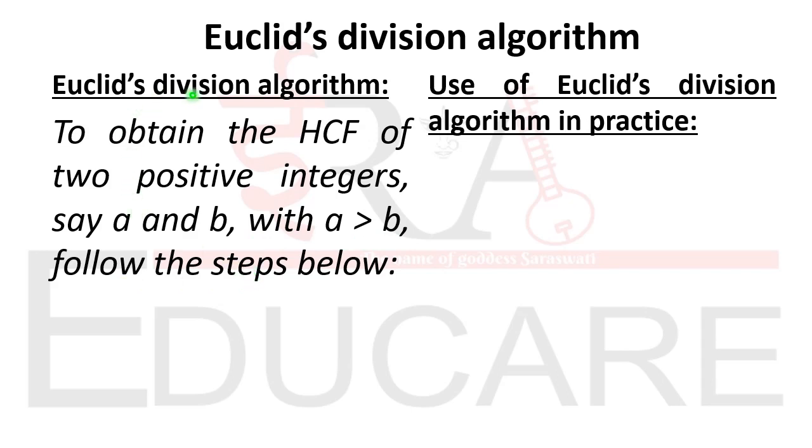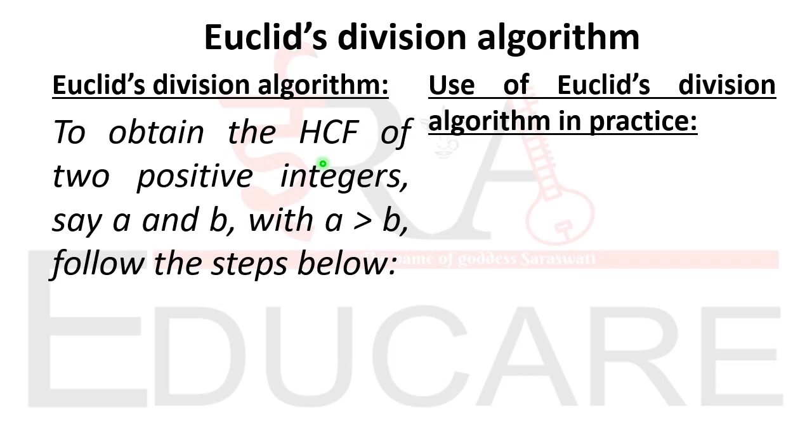Euclid's division algorithm is used to find the HCF, the highest common factor, of two positive integers. Remember, friends, a is greater than b.